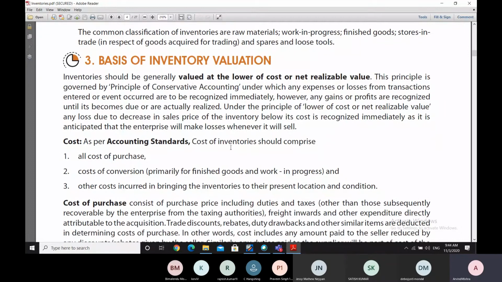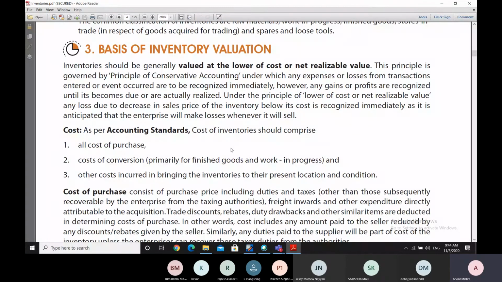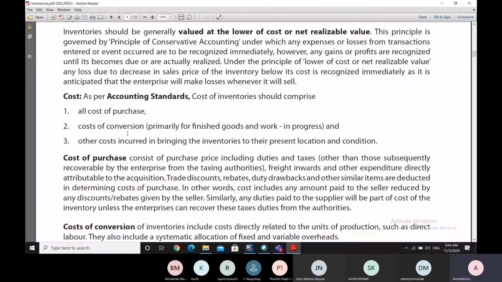So as far as costs are concerned, because the basic principle is cost or net realizable value, now, to understand what cost is, as per accounting standards, the cost of inventories will comprise, number one, purchase cost. Number two, the cost of conversion. This is for finished goods and work in progress, because whatever cost of conversion from the raw material to the finished goods or from raw material to the work in progress is there, that is called cost of conversion.